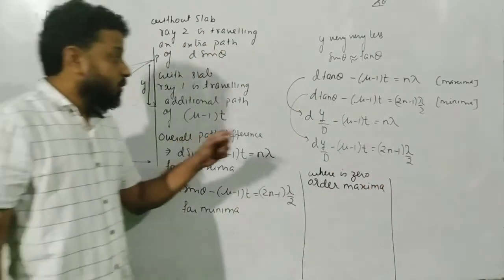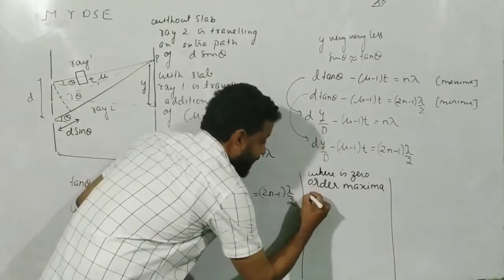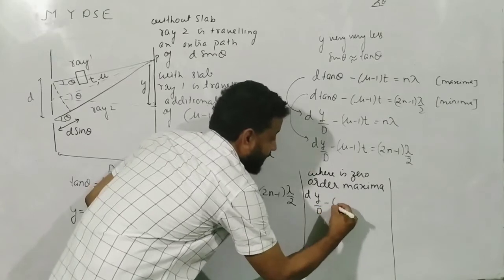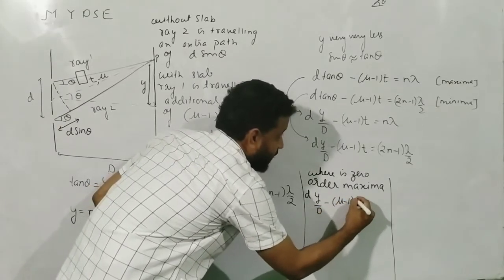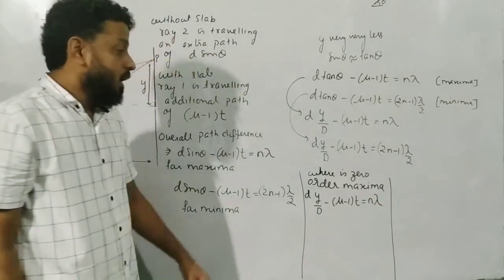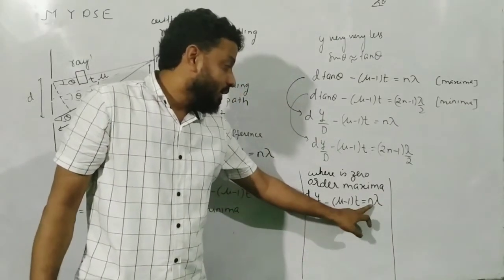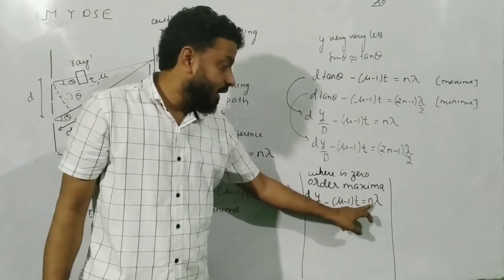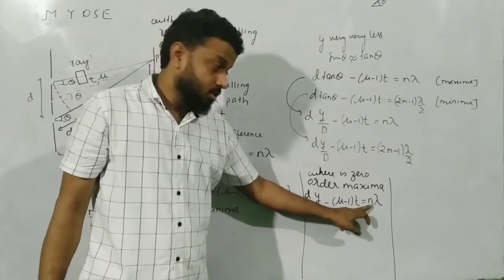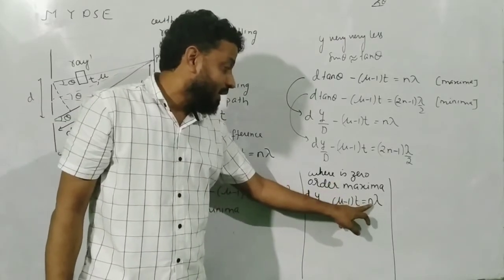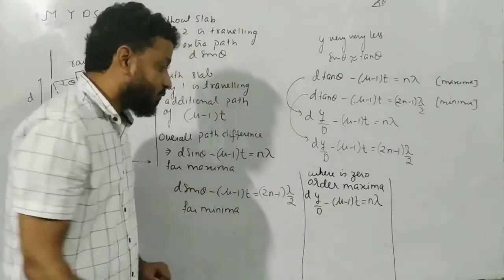So what will I do? In this equation which says dy by capital D minus (mu minus 1) into t equals n lambda, I am going to put the value of n as 0, because I am looking for zero order maxima. Then I will find the value of y.